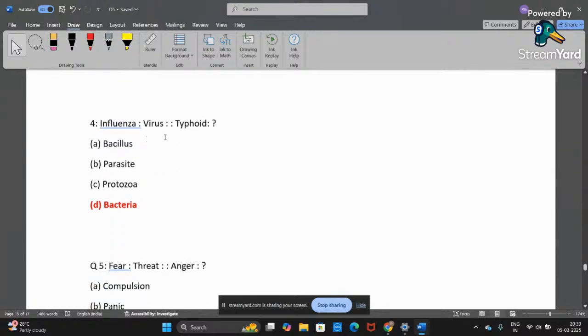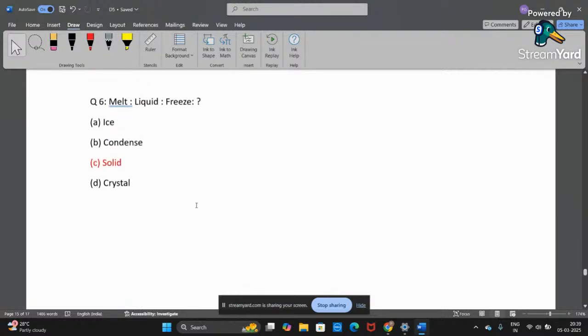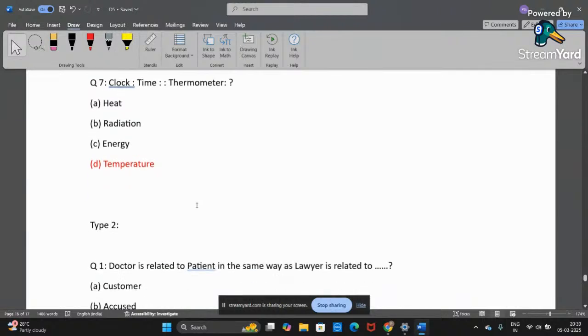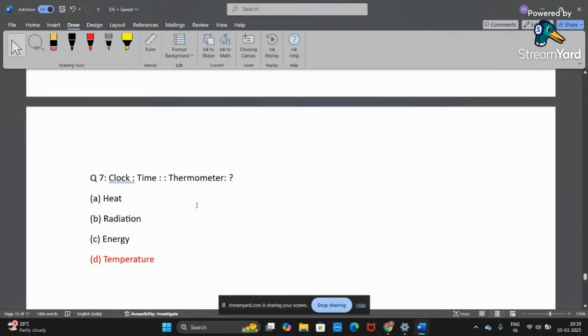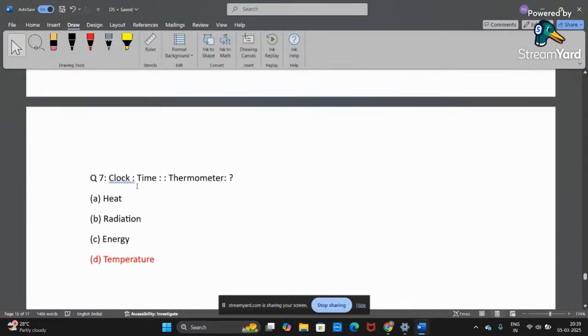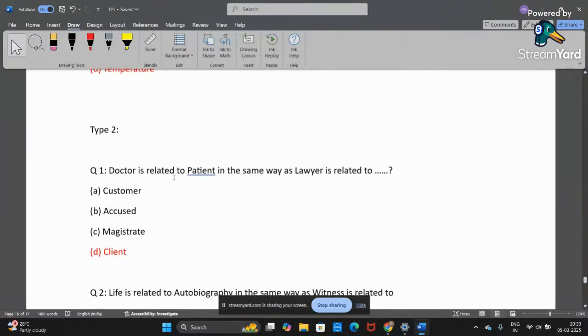Influenza is a virus. So, what is typhoid? Typhoid is a bacteria. Same way we have to solve all the questions. This is type 1 and this is type 2. Here also they are given in ratio form, but here they are given in sentence form. That's all.